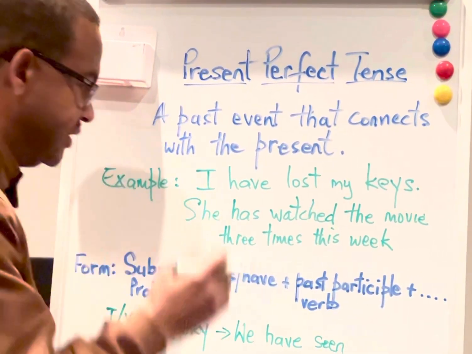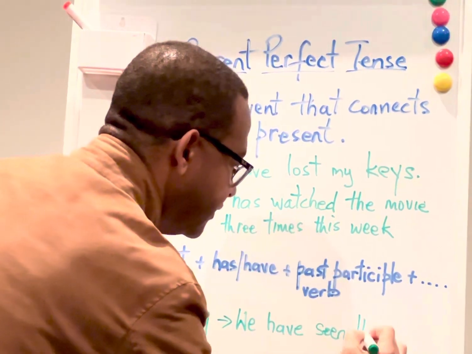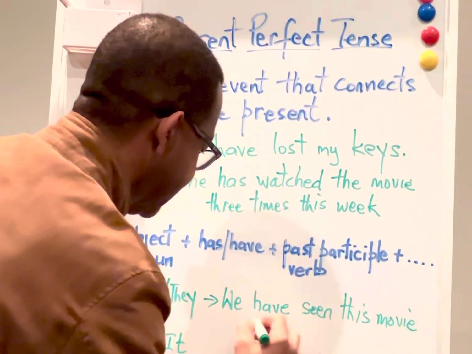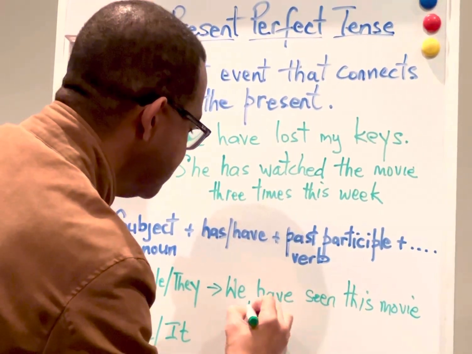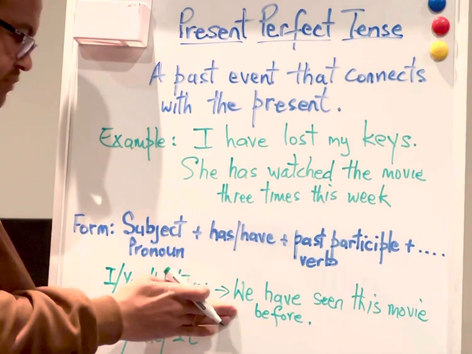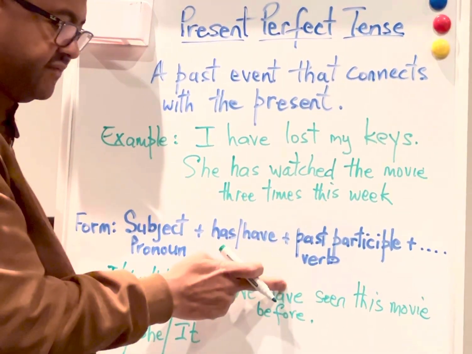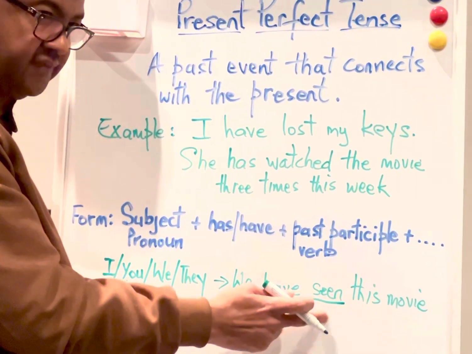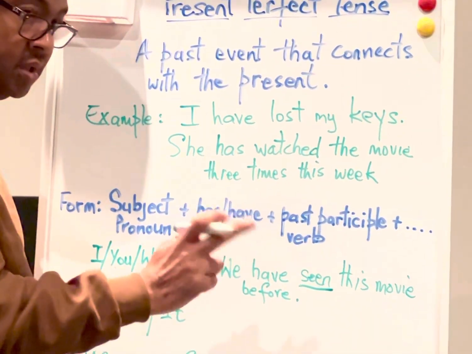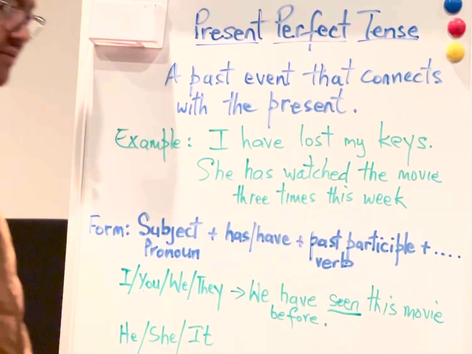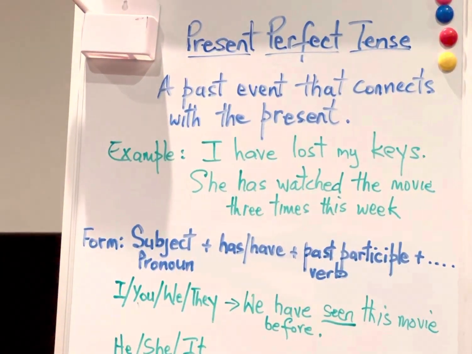We have seen this movie. Let's say we've seen this movie before. Subject pronoun, have, seen, past participle form of see. Not saw, but seen. Rest of the sentence, this movie before.